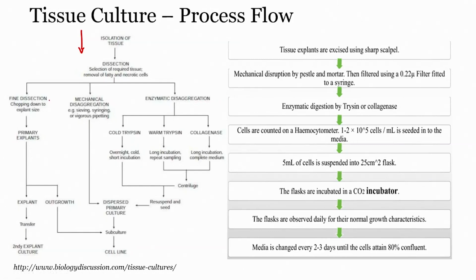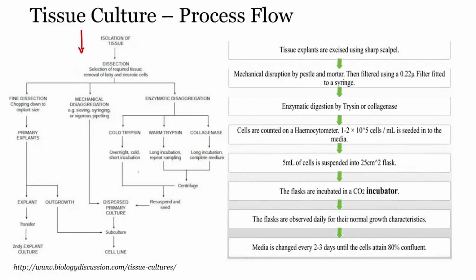If you talk about mechanical fine dissection, it is chopping down to explant size, primary explant and then transfer to a secondary explant culture. If it is outgrowth, it can go to subculture and to the cell line. A mechanical way of disaggregation is like syringing, vigorous pipetting, sieving, then after that it is dispersed primary culture, subculture to the cell line. While enzymatic way of disaggregation is cold trypsin, warm trypsin, collagenase.